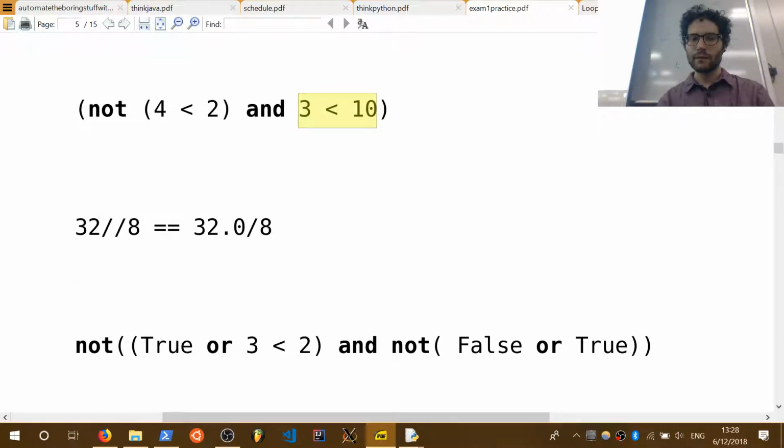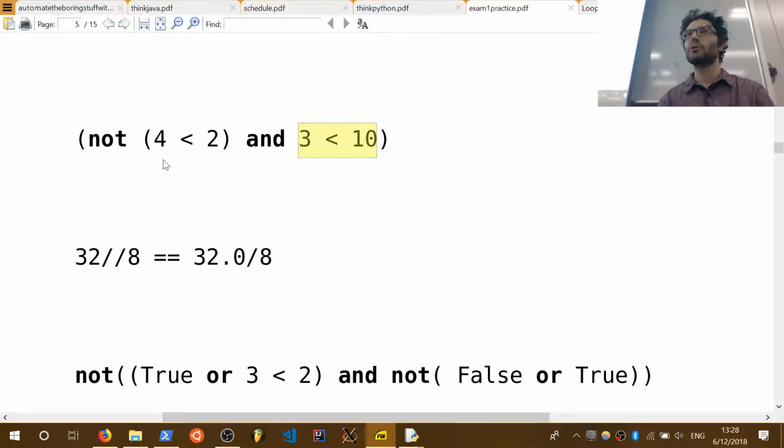Okay. So what's true and false again? Boolean statements. With an and, if both sides are true, the whole thing is true. With an or, it's only false if both things are false. A single thing being true for an or means the whole thing is true. Make sense? Both things have to be true for an and to work.